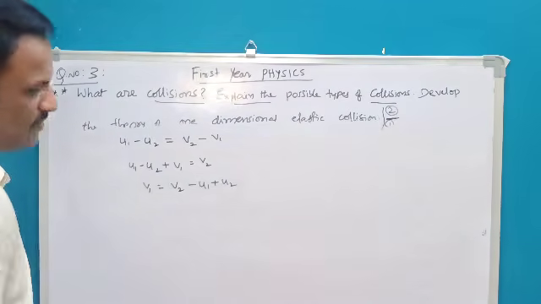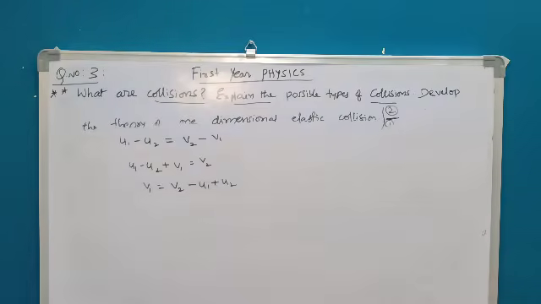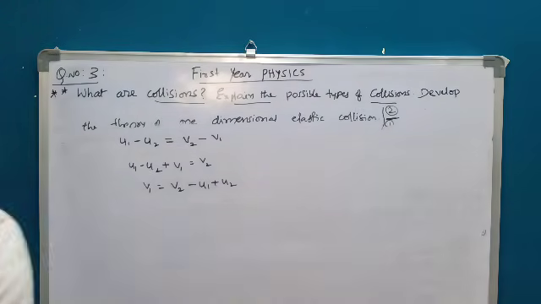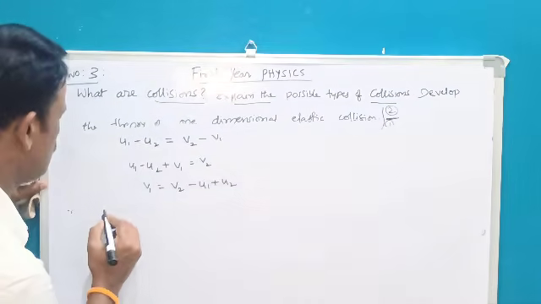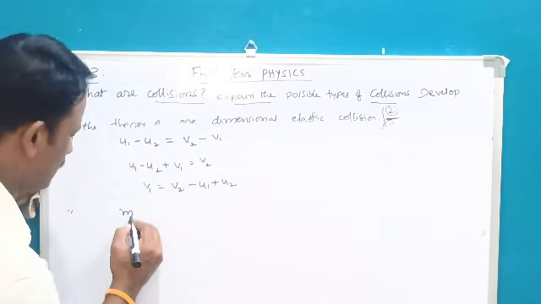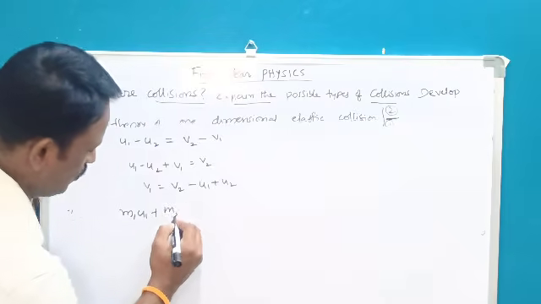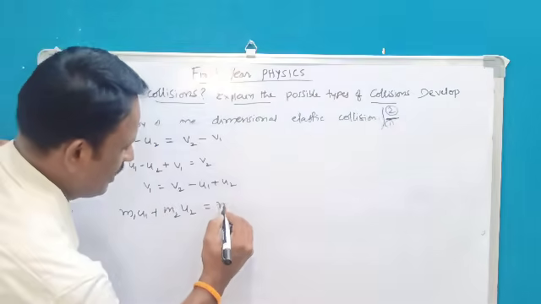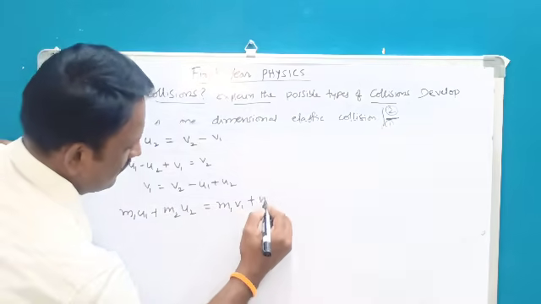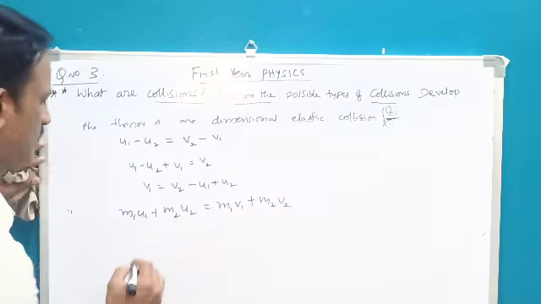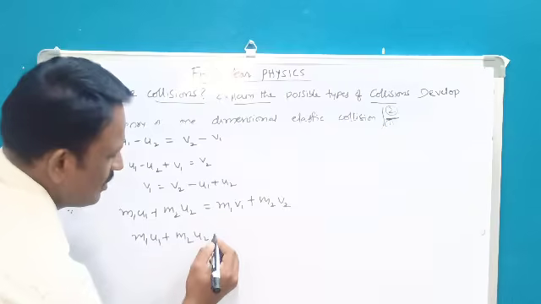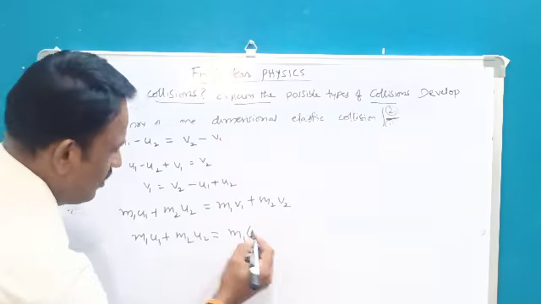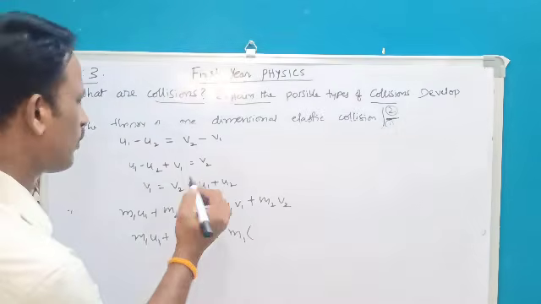Next, one second. Okay, again same. Now substitute this value in m1 u1 plus m2 u2, law of conservation of momentum, m1 v1 plus m2 v2. So m1 u1 plus m2 u2 is equals to m1, instead of v1, we are writing what?